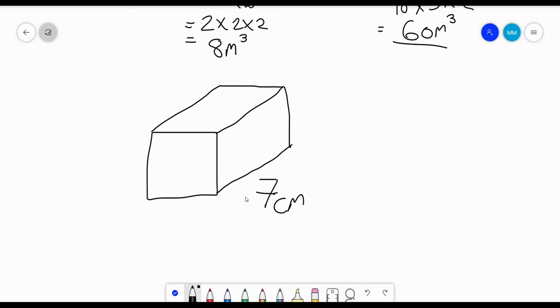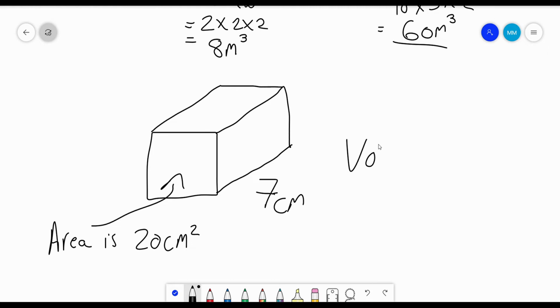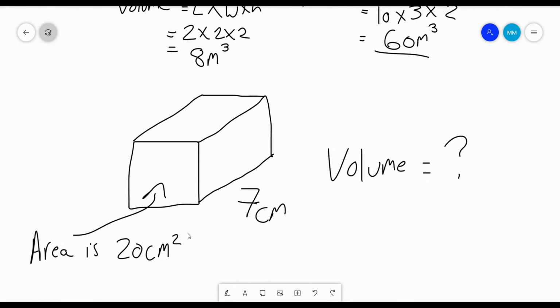But they told you this time, they're not giving you anything else apart from one thing, which is that the area of this face is 20 centimeters squared. And then they'll say to you, well, volume, what is it? Well, a lot of students will be put off by this because they were expecting 3 numbers, length, width, height, and they've only got, well, a length and something that they see as completely useless.